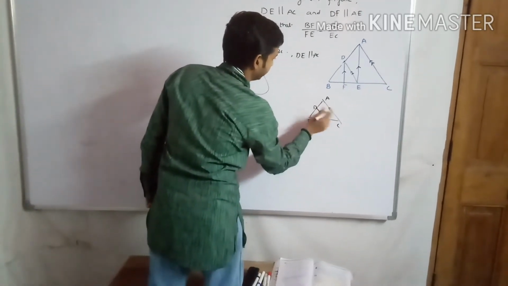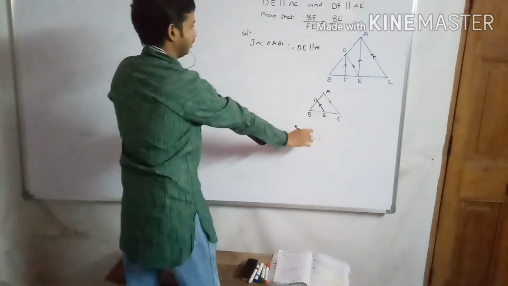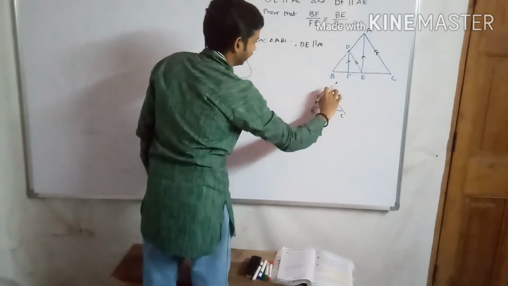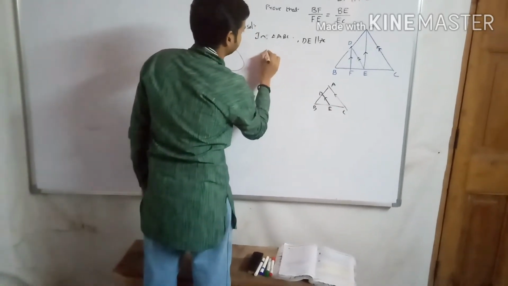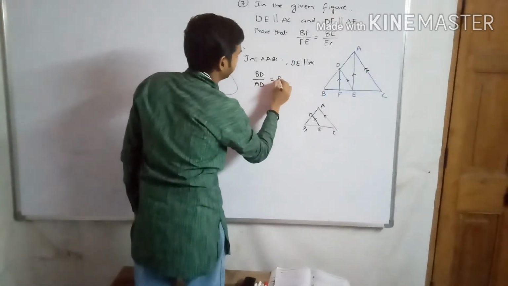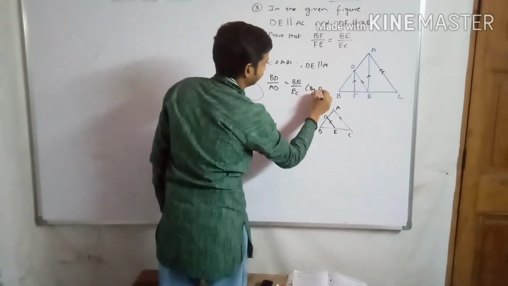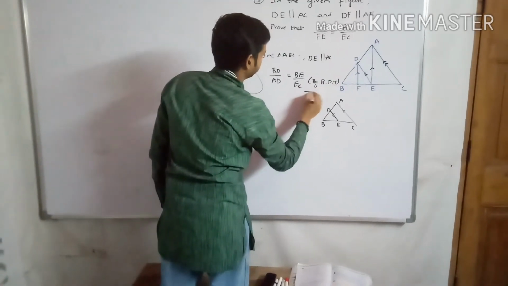Then by BPT, AD by DB equals EC by BE, that means BD by AD equals BE by EC, by the basic proportionality theorem. So this is the first equation.